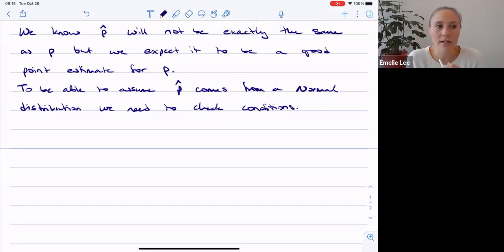A random sample is the easiest way to make sure that we have independent observations, right?